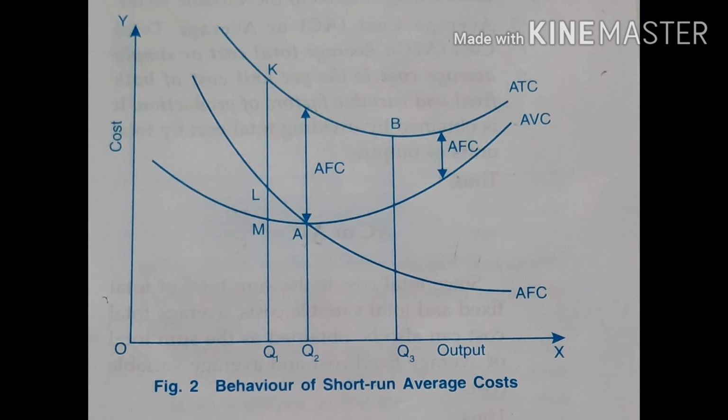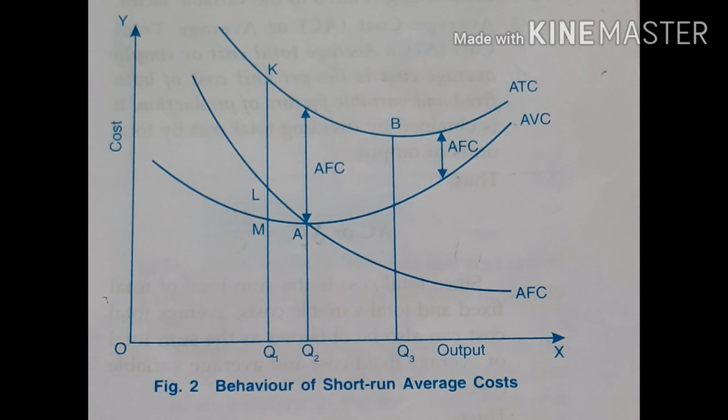Mind you, AC or ATC is the summation of AFC and AVC, so it has the influence of both curves. The minimum point of AC is reached later than that of AVC because AFC is still falling. That is the reason for it.